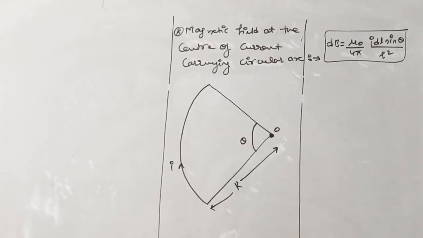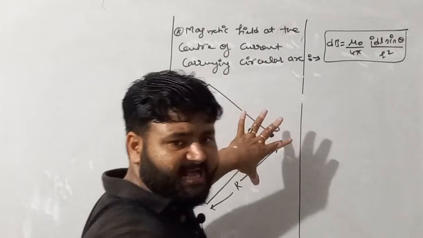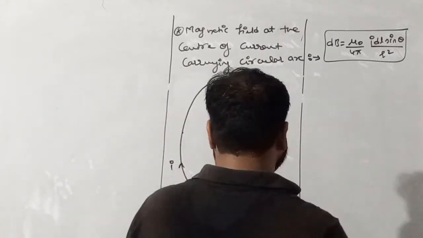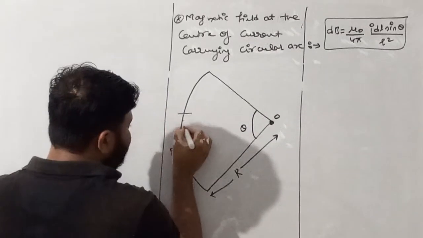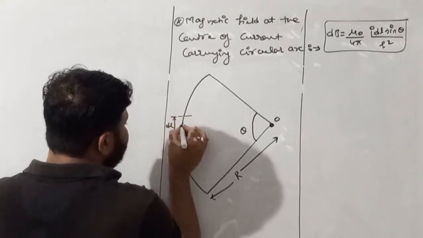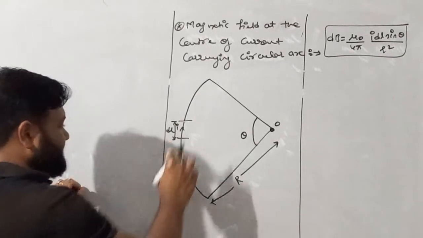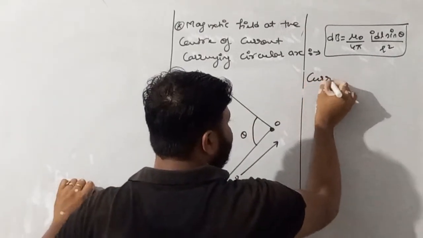So we want to find magnetic field at the center of this current carrying circular arc whose radius is r. So consider a small length here. Let's suppose the small length is dl in which current I is flowing. Now we all know that this is basically a current element.